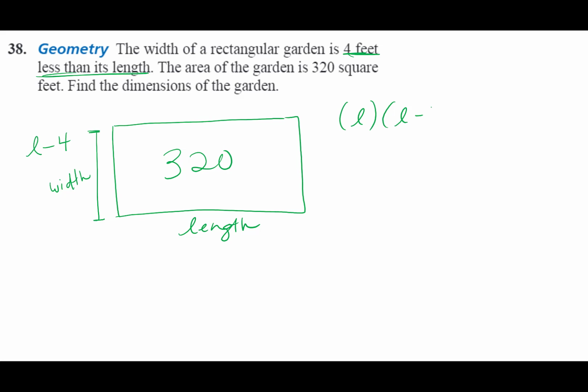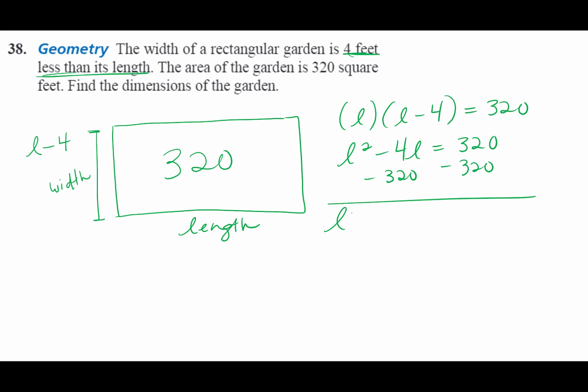We have L times L minus 4 equals 320. Use the distributive property to multiply: L squared minus 4L equals 320. Move everything to the left, so subtract 320. Now we have the trinomial L squared minus 4L minus 320, and we're going to set that equal to 0.